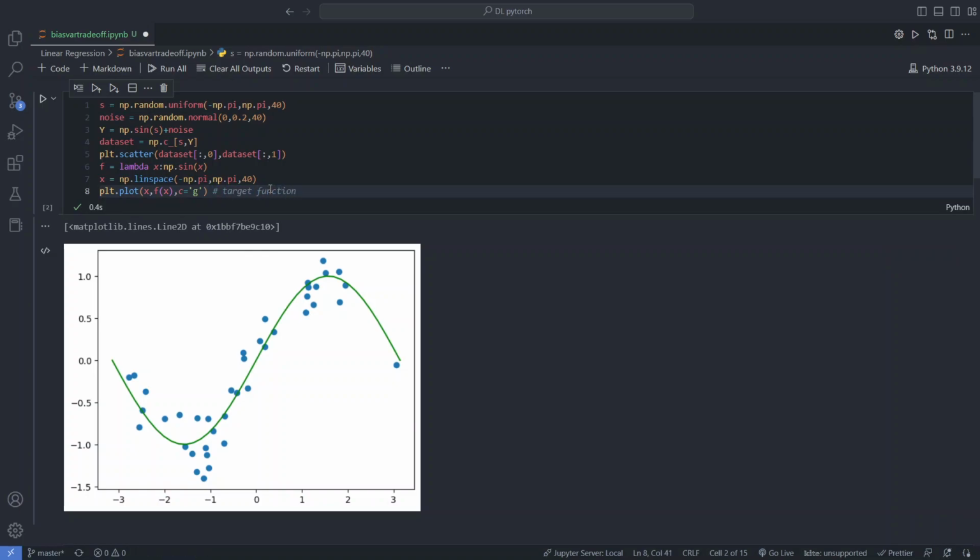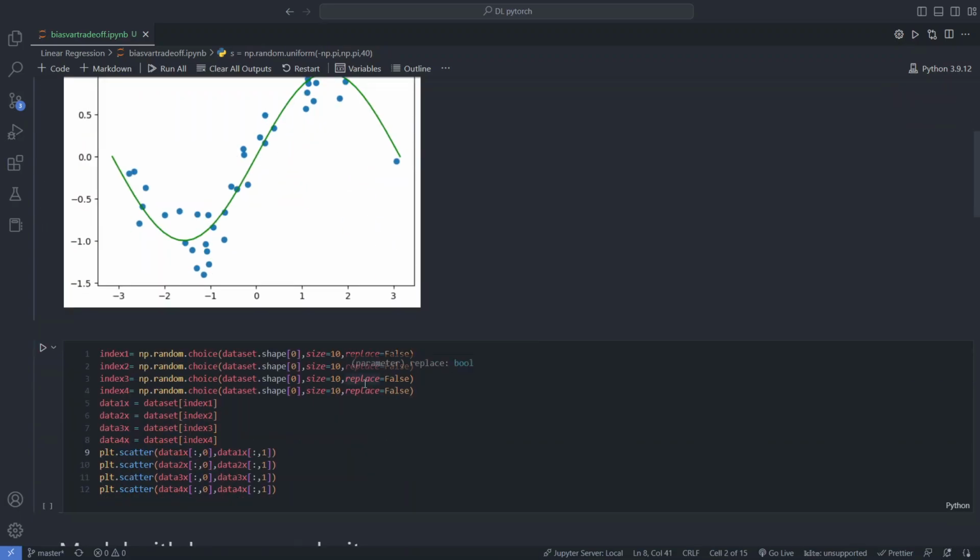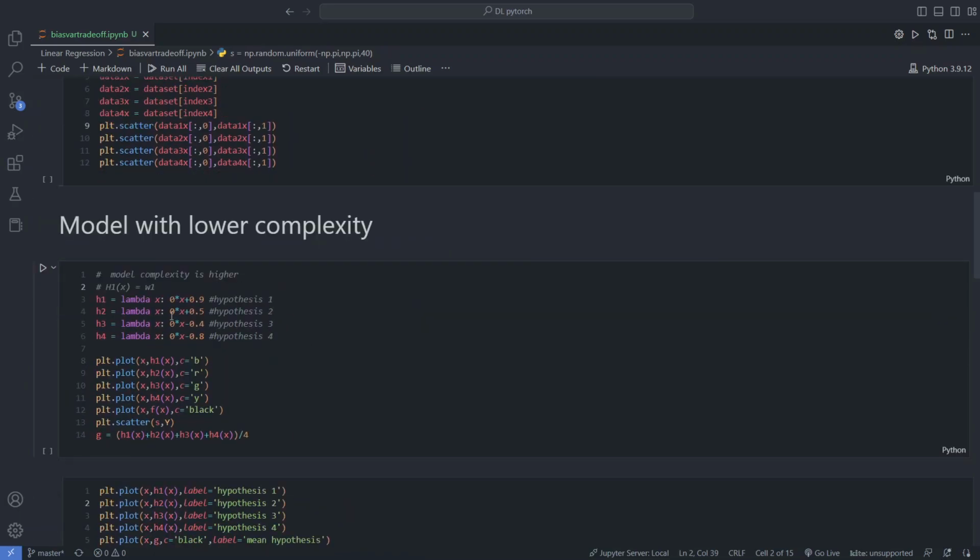We are trying to approximate this f of x with two hypothesis sets. The first one is a simple constant function, h1 of x equals w1. It's just a simple constant.